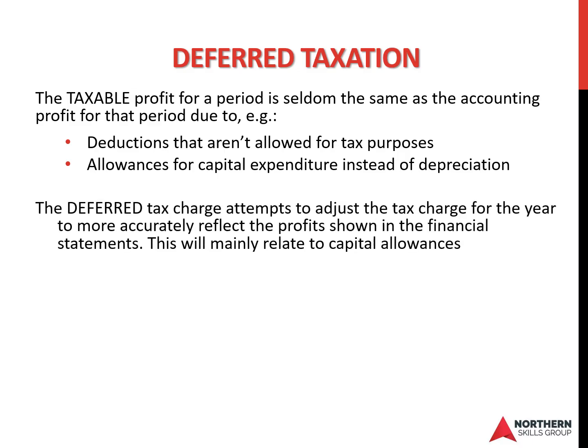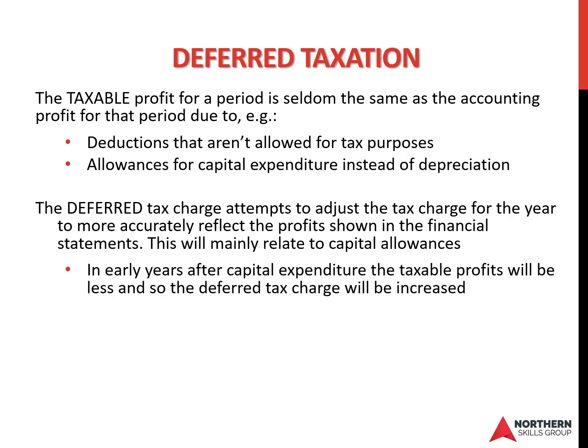What the deferred tax charge attempts to do is to adjust the tax charge to profit and loss so that it is more closely related to the profits that are shown in the profit and loss statement. And the difference will usually relate to allowances for capital expenditure. If you think about the profit and loss account, capital expenditure will gradually be written off in the way of a depreciation charge.